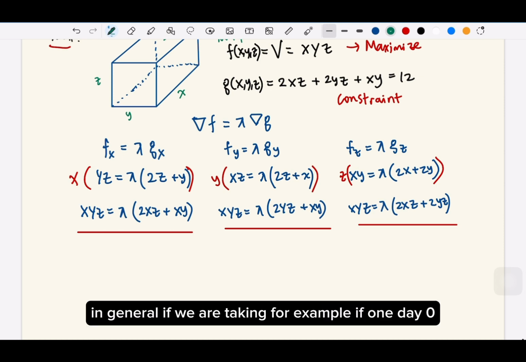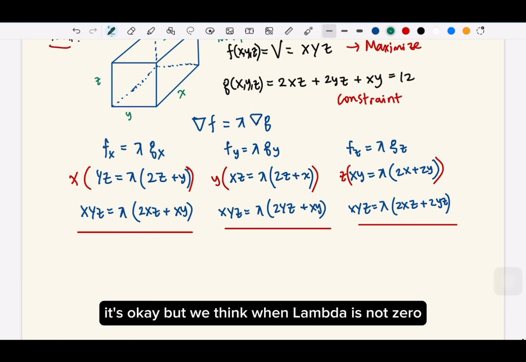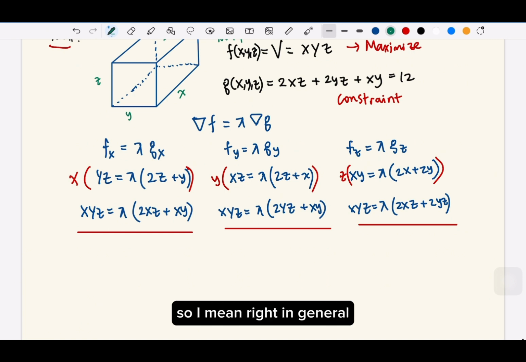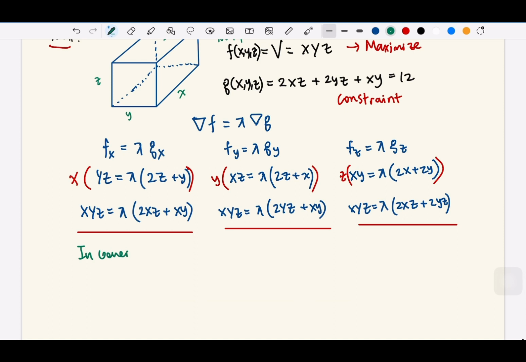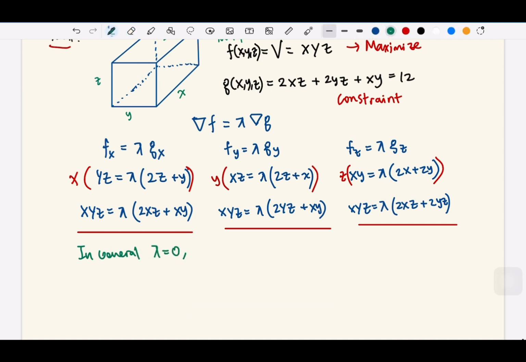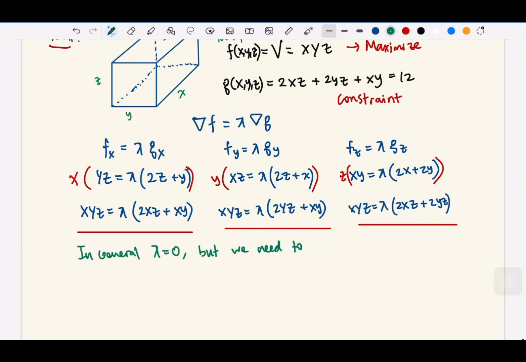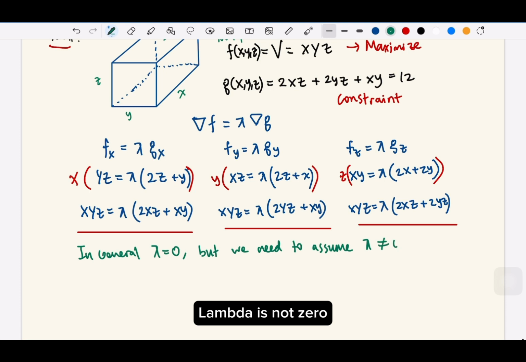In general, lambda can be 0, but we need to find the other possibility and assume lambda is not 0.